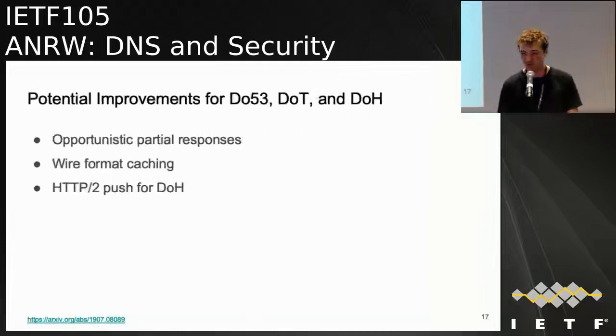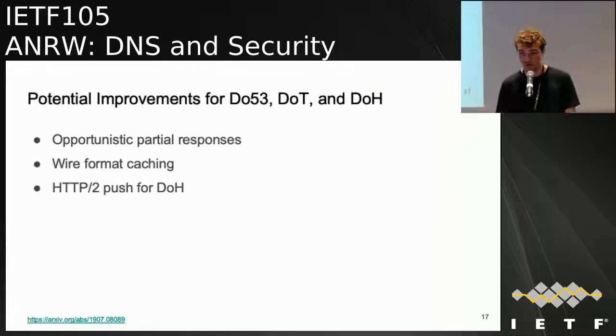Okay, so to conclude, we think there are several potential improvements for DO53, DoT, and DoH. You could send what we believe are called opportunistic partial responses. So maybe you say to a recursor, here are all the different questions I want the answers for, and then the recursor, as it gets authoritative answers, will send them back to the client, right?